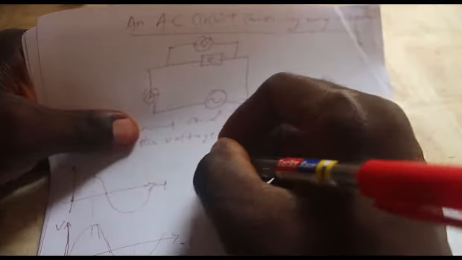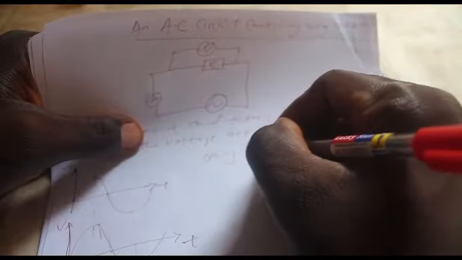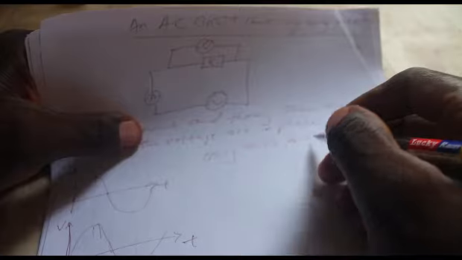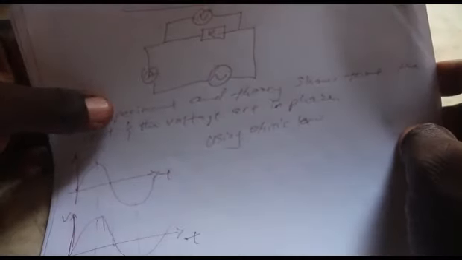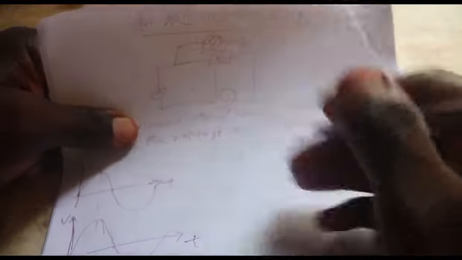So in this kind of circuit, using Ohm's law, and of course you know what Ohm's law is, it is the law that describes the relationship between the voltage and the current in an electric circuit.